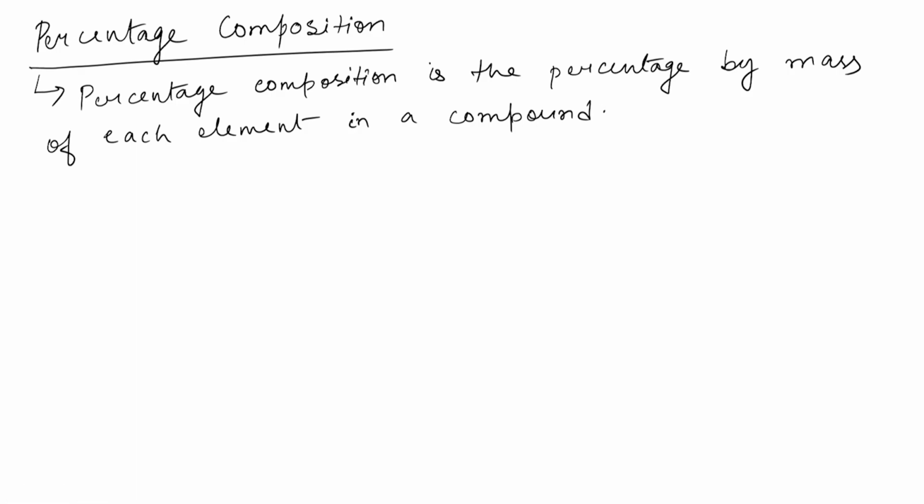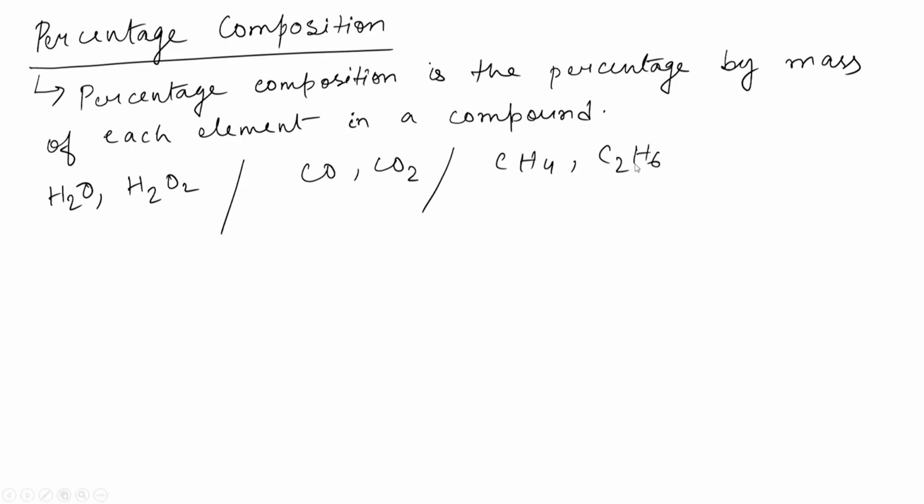Let's say we have H2O and H2O2. We have CO and CO2. We have methane and ethane. We need to find out the percentages of each element in these compounds.